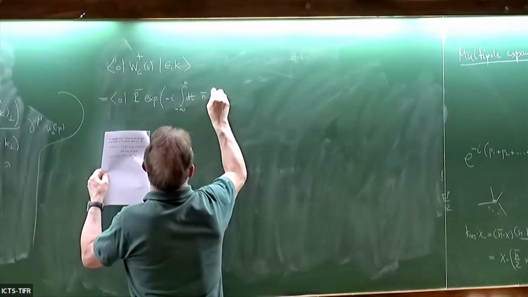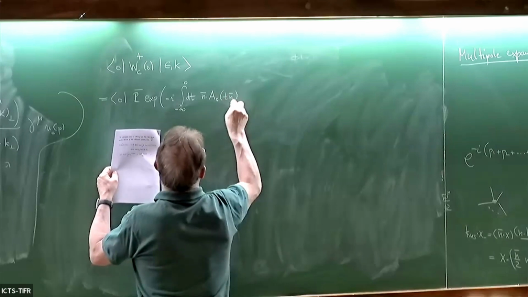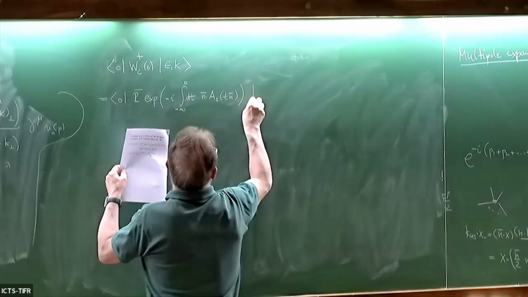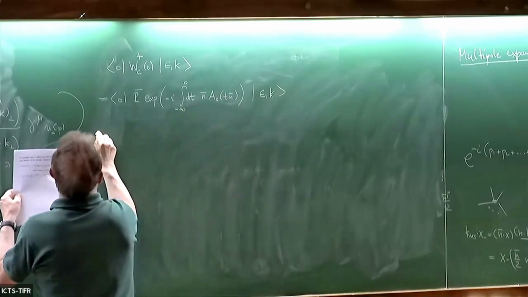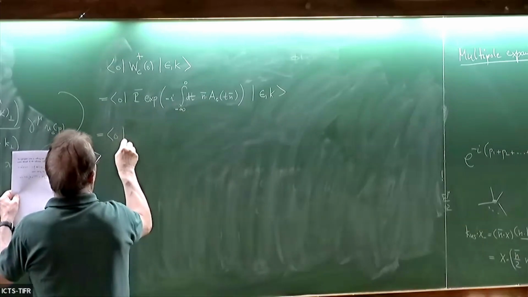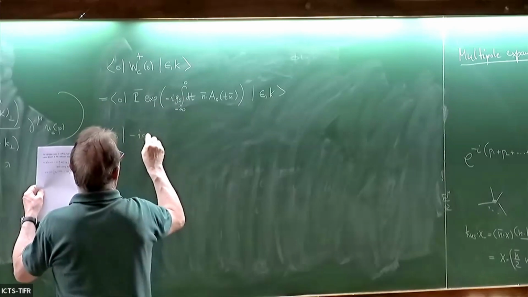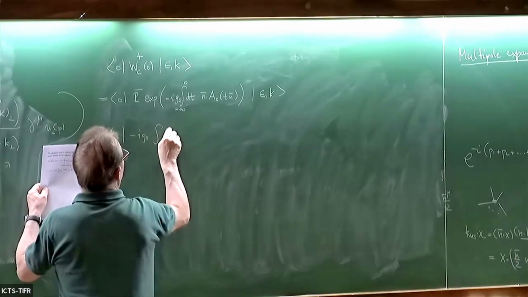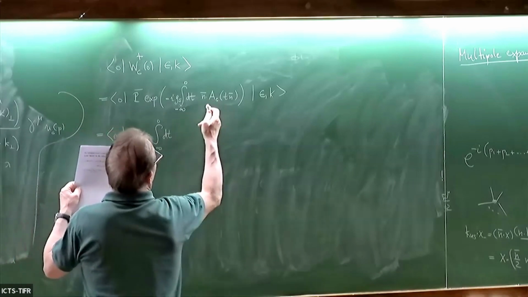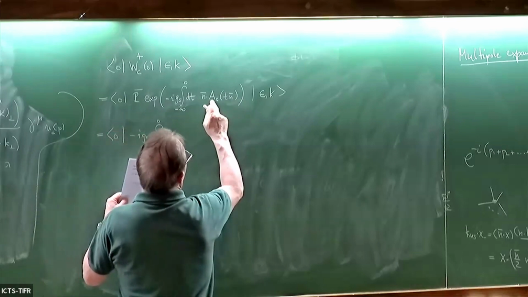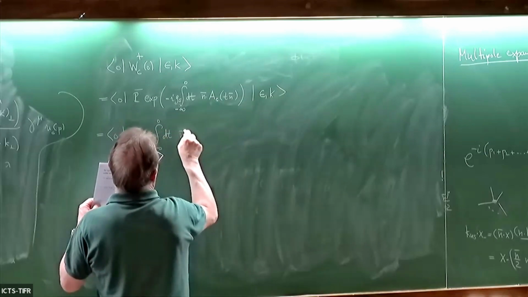So n bar dot A collinear, T^A, epsilon k. So we need the one gluon term. This is minus i g_s, an integral over t, from minus infinity to plus infinity. And if we contract the gluon field with the external state gluon, the field itself is replaced by the polarization vector.